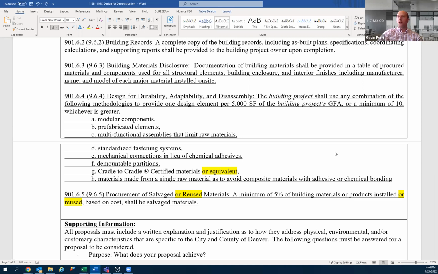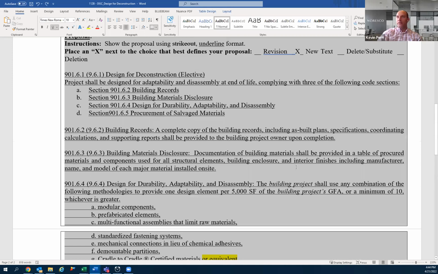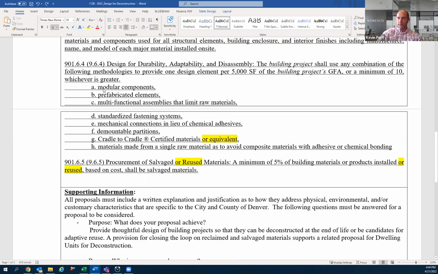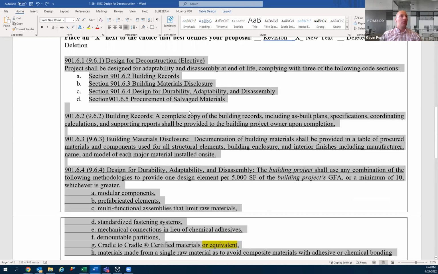I'm going to lower your hand because I'll call a vote. So what we're voting on, there's a motion to approve the first few sections here. I'm going to try and highlight it on the screen for you so you know what you're voting on. Kristen, do you have a point of order here real quick? Yeah, I do. In the original proposal, we had 3 of the 4 sections to comply with. Now since we only have 3 sections, is that correct?